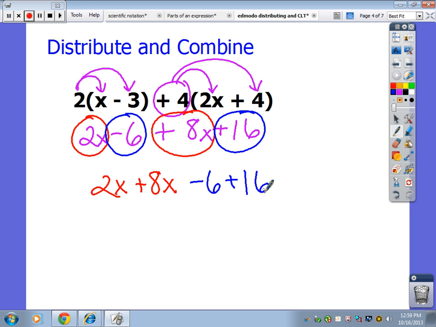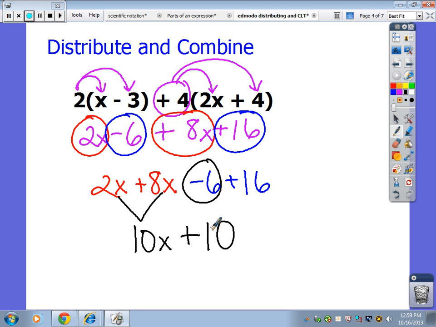And now I want to go ahead and combine those terms. 2 plus 8 is 10x. And negative 6 plus 16 is a positive 10. That expression has now been simplified. I cannot combine 10x and 10. They are not like terms.